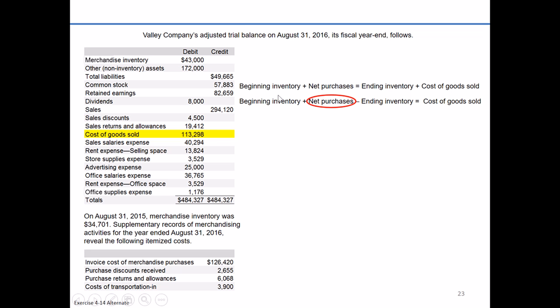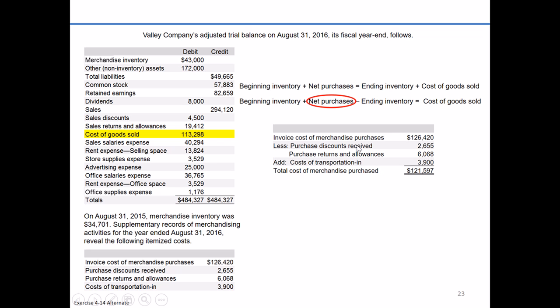But on the other hand, I'm not directly given net purchases here. That's not going to be something that's directly listed in my adjusted trial balance, but I can use supplemental information that was provided about various purchase amounts in order to arrive at net purchases. So let's work through this.